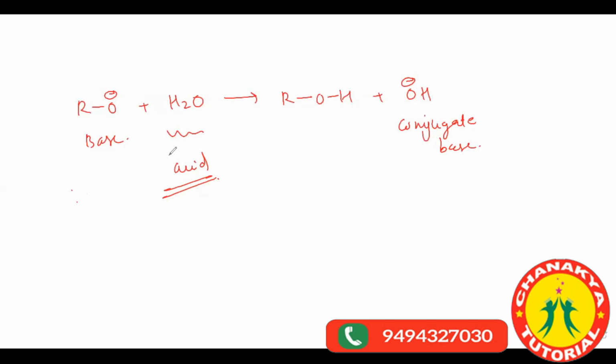By this reaction, what do we come to know? That water is a better proton donor, a stronger acid than the alcohol. Also, in this reaction, we note that the alkoxide ion is a better proton acceptor than the hydroxide ion. We suggest that alkoxides are stronger bases, whereas water is an acid.